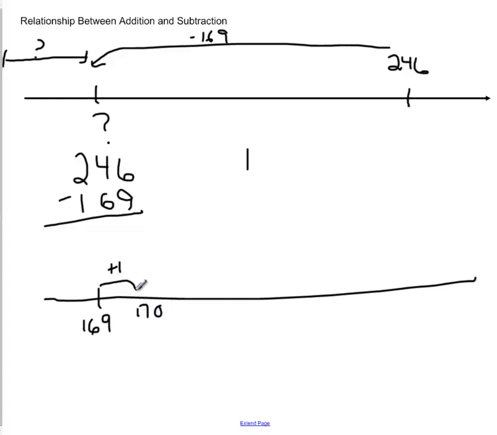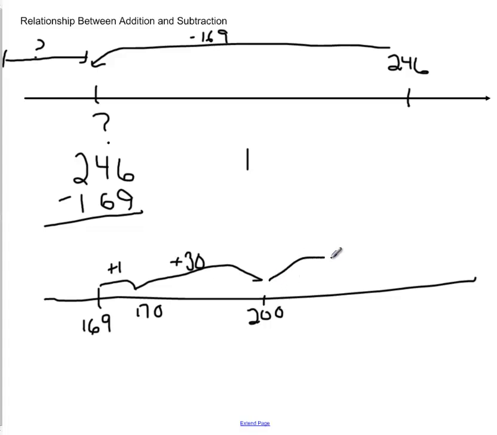Then I could jump up another 100, but that would be too far, so you could say, let's not go as far. If I wanted just to get up to 200, I would need to add 30. Kids can play around with this, and if you did jump beyond, you can come back. But we'll get up to 200 here.